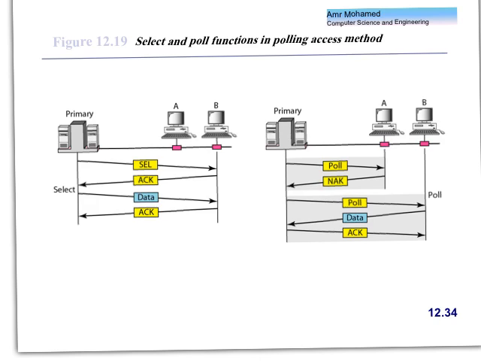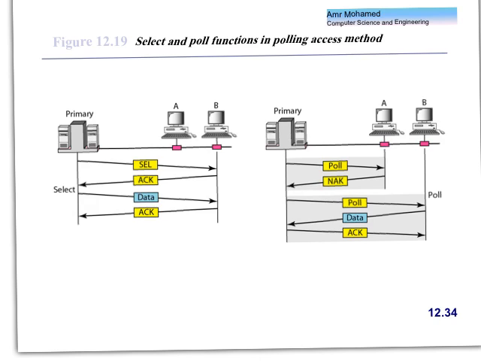I don't have to wait for you to ask me whether I'm ready or not. So that's why steps 2 and 3 are merged together in one step. If you have data for me, you will send the data directly. You don't have to ask me for anything. Send the data and then acknowledgement.